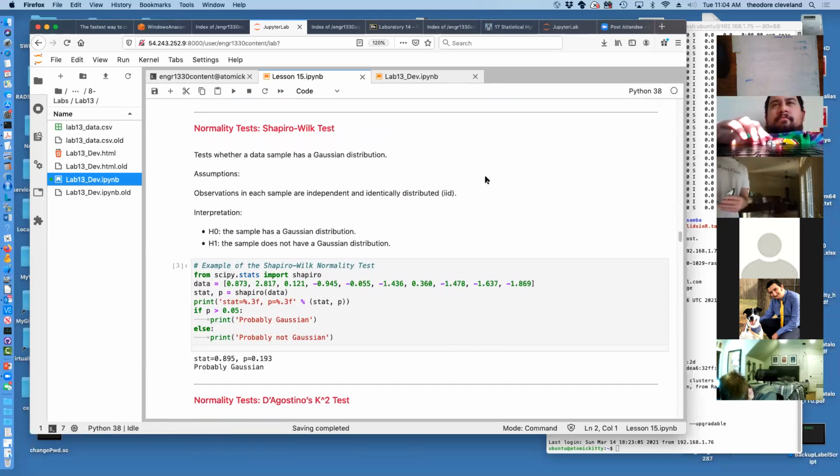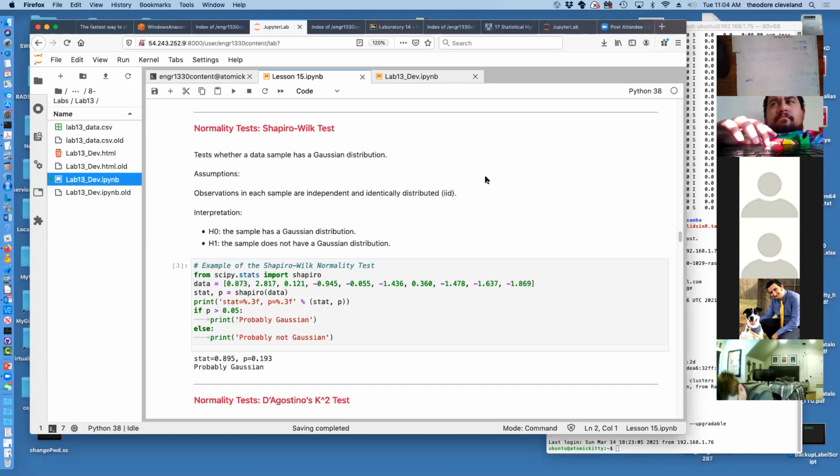So the Shapiro-Wilk test is a tool that lets us speculate whether a data sample is normally distributed or not. It assumes that each observation in the sample is independent and identically distributed. Our null hypothesis is that the sample is Gaussian distributed. Gaussian means normal distribution.